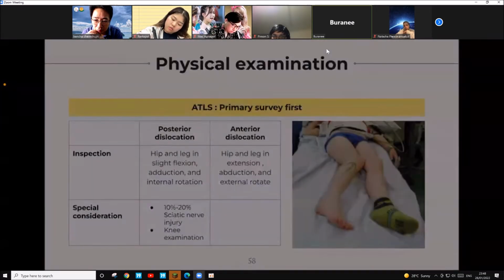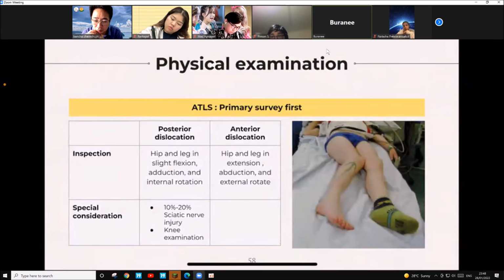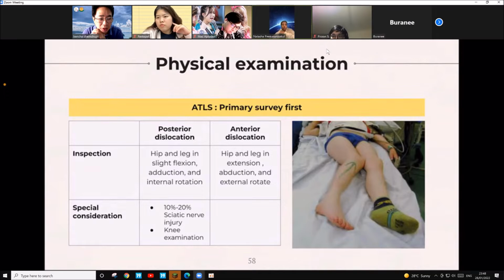So next is the clinical presentation. In posterior dislocation, when you inspect, this patient is in posterior dislocation. Why?